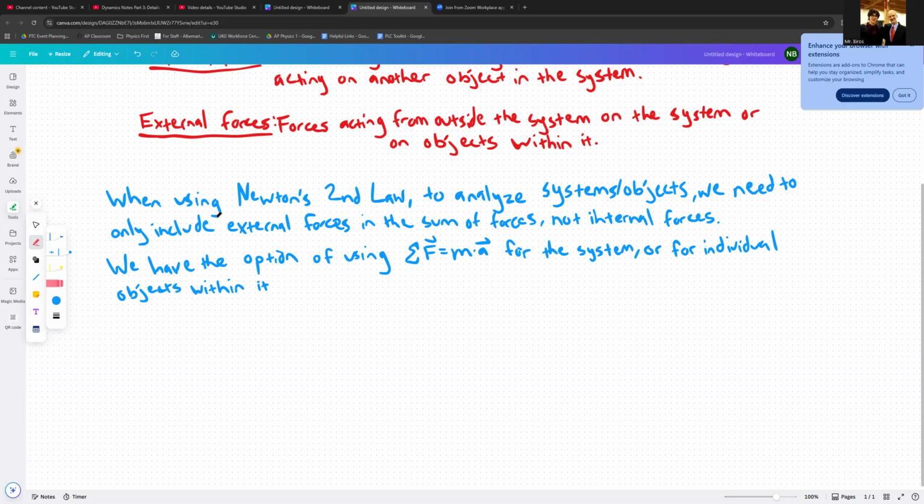Okay. There's another really key piece here for connected systems, where you've got a bunch of blocks tied together with a string, stacked up on top of each other or next to each other.